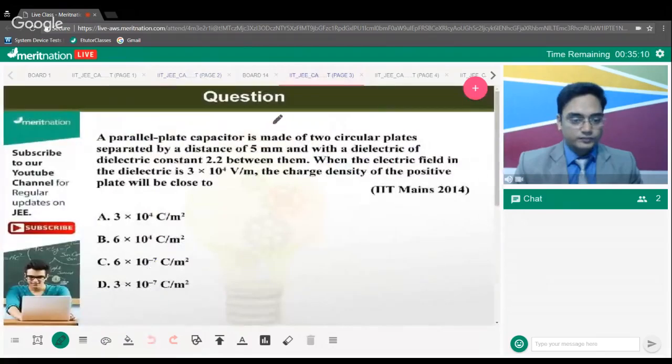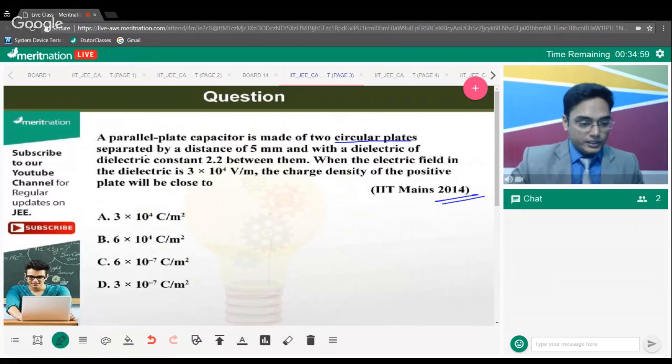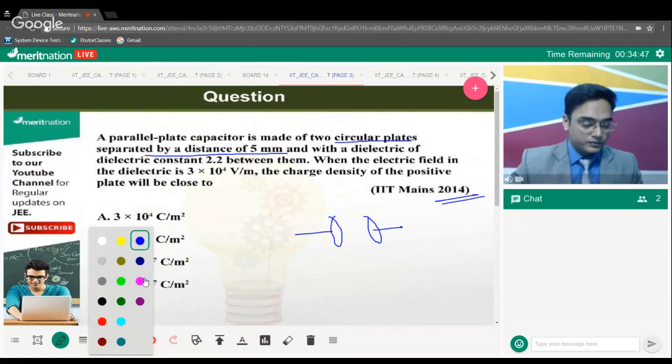Now this question. Again, this is a JEE Main 2014 question. A parallel plate capacitor is made of 2 circular plates separated by a distance of 5 millimeter. So here the capacitor is in circular shape like this, and its distance is given as 5 millimeter.